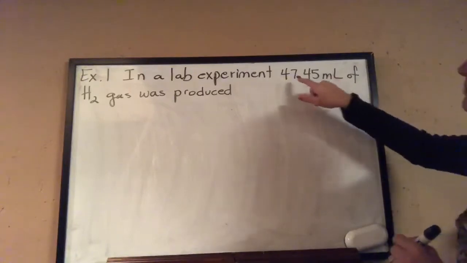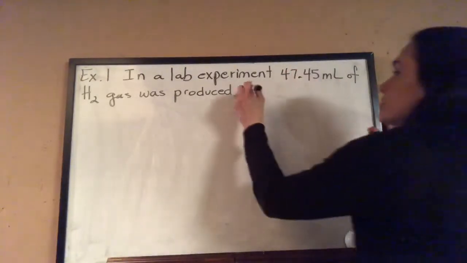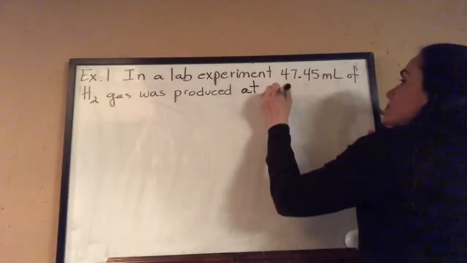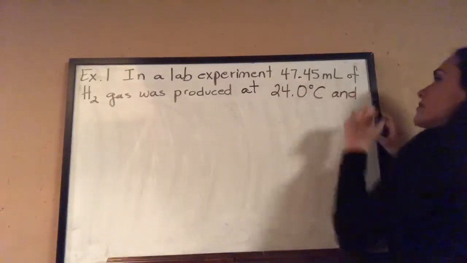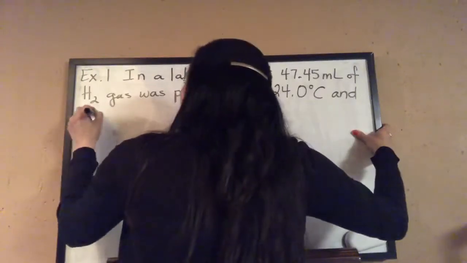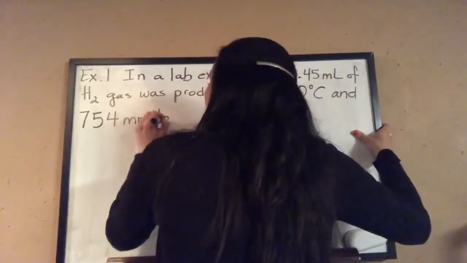Okay, so in a lab experiment, 47.45 milliliters of hydrogen gas was produced at 24 degrees Celsius and 754 millimeters of mercury.